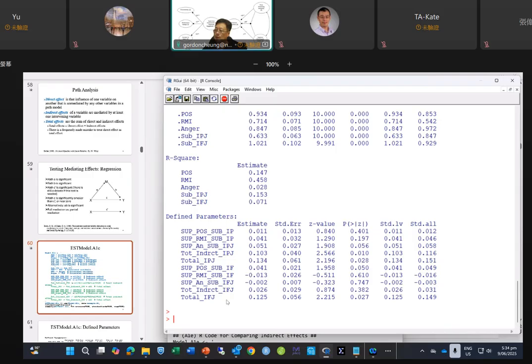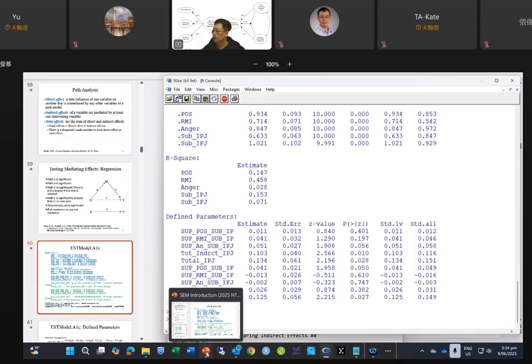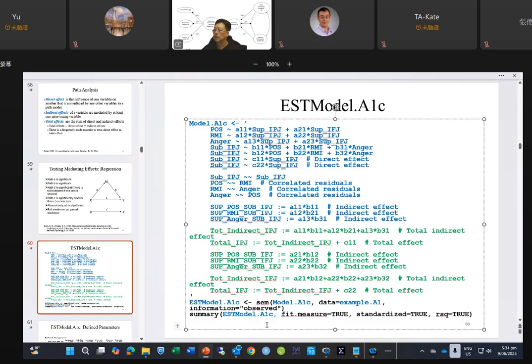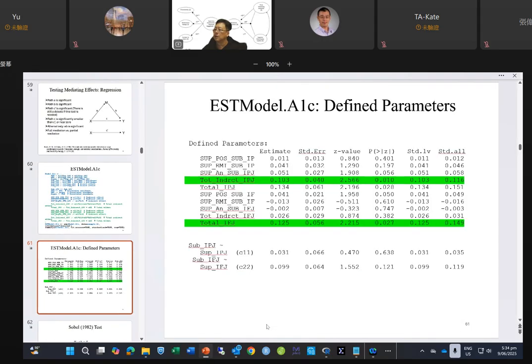What we have defined here are the indirect effects, the total indirect effect, and the total effect. So you can look at the significance as well, but try not to, okay? I'll explain mine.